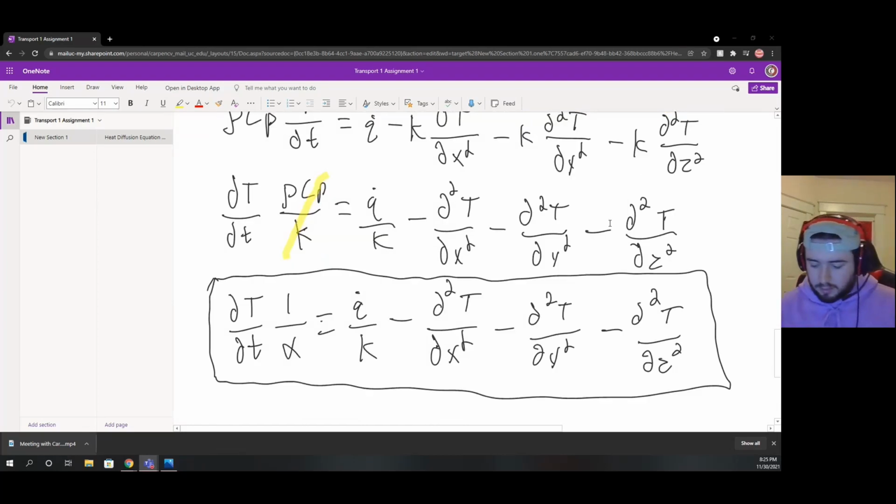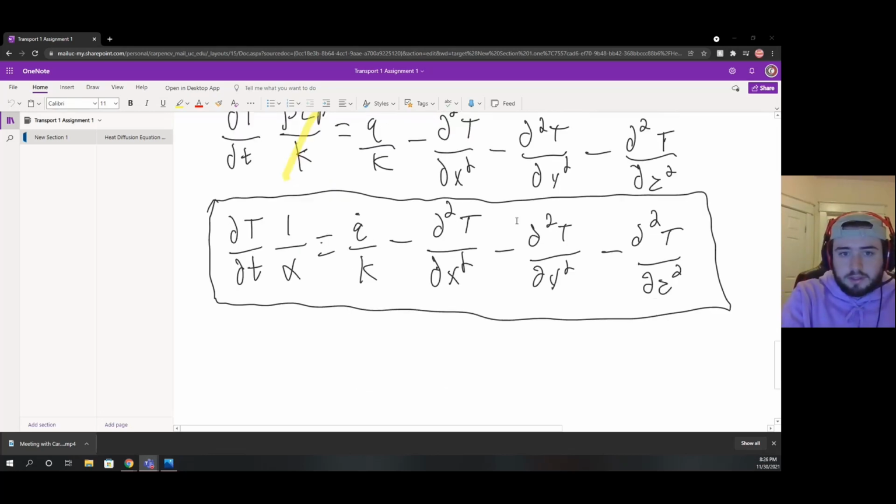This is our simplified version and final equation for the heat diffusion equation for Cartesian coordinates.